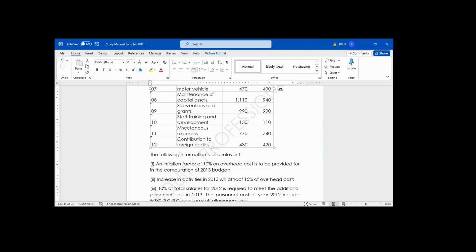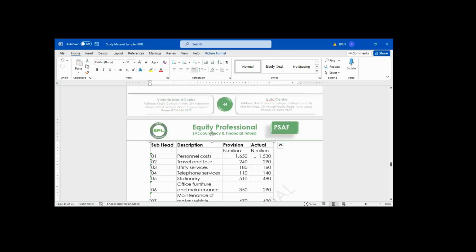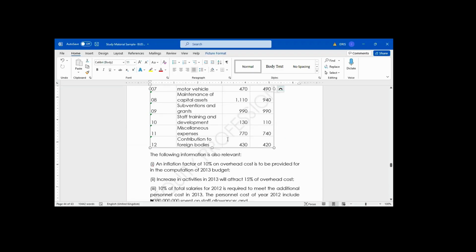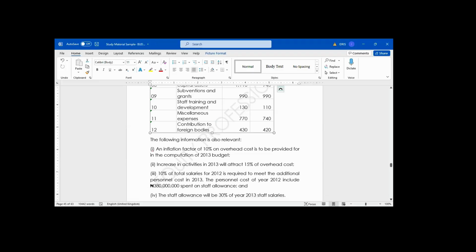In 2012, travels and tour up to the last items, they are overhead. They are going to be affected by two factors. What are the two factors that will affect them? Inflation and increase in activity.